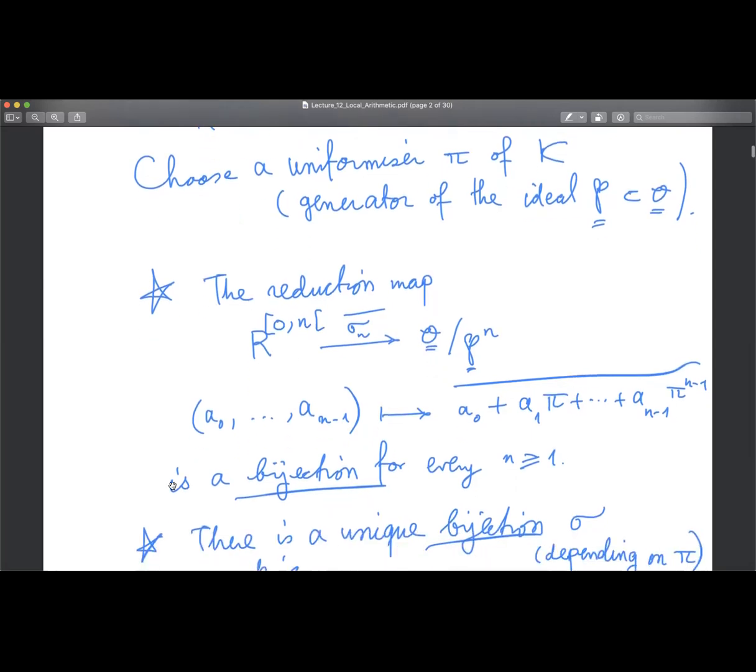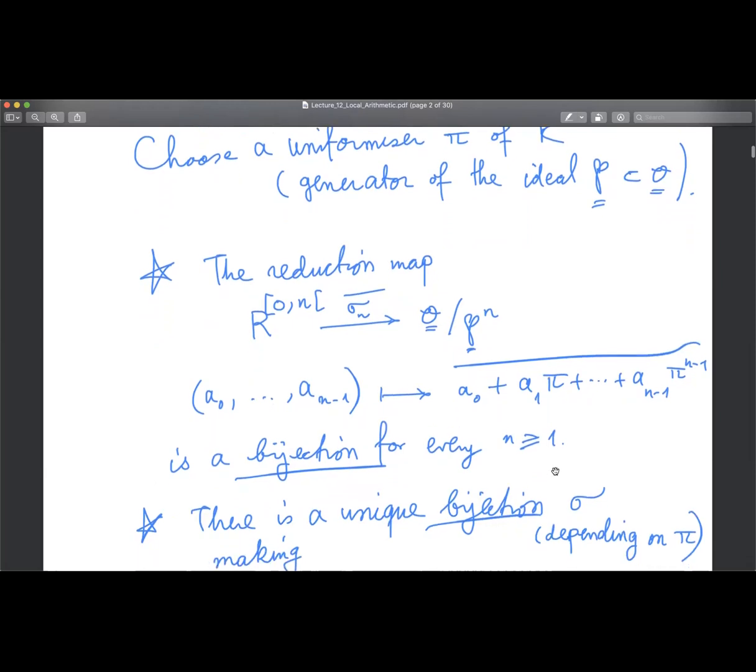And the claim is that this map is a bijection for every n. Nothing is being said about this being a homomorphism. In fact, asking whether it's a homomorphism or not makes no sense because we have not given this set R any ring structure. The thing on the right is a ring.